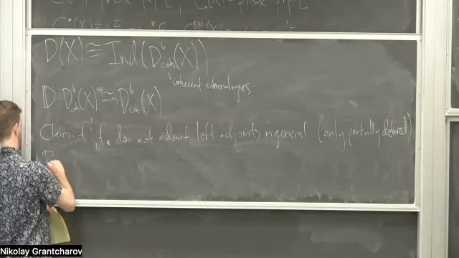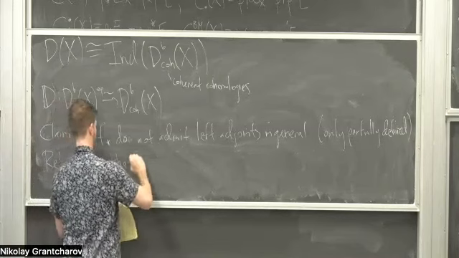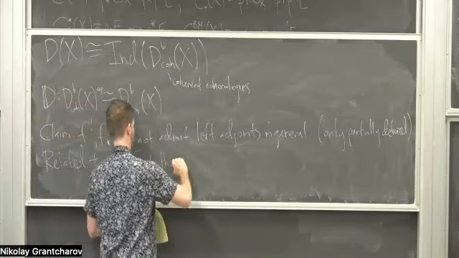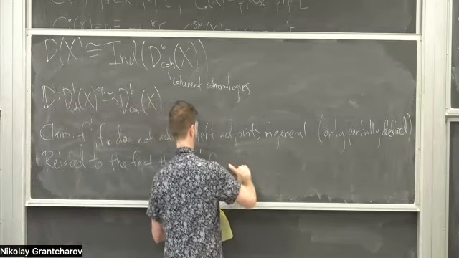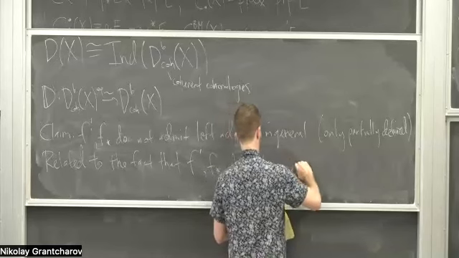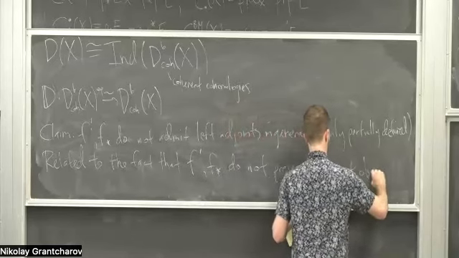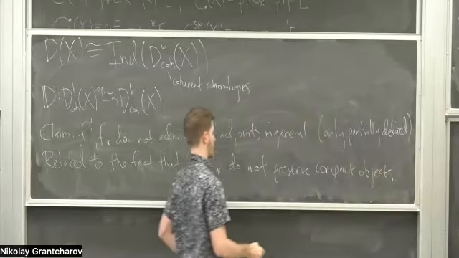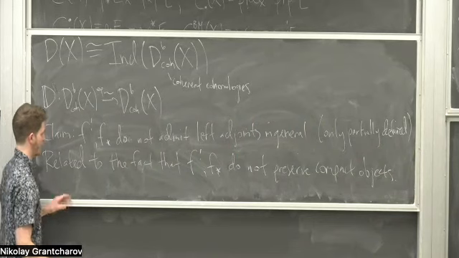So this is related to the fact that these functors do not preserve compact objects. So again, this is something where maybe you all can discuss this type of phenomenon more next week because I don't really have time.